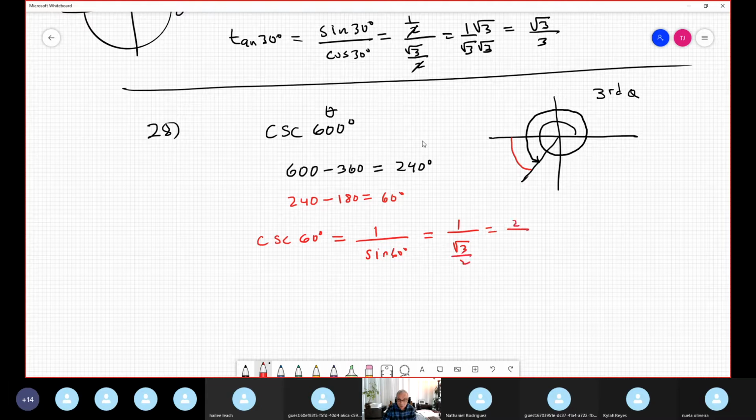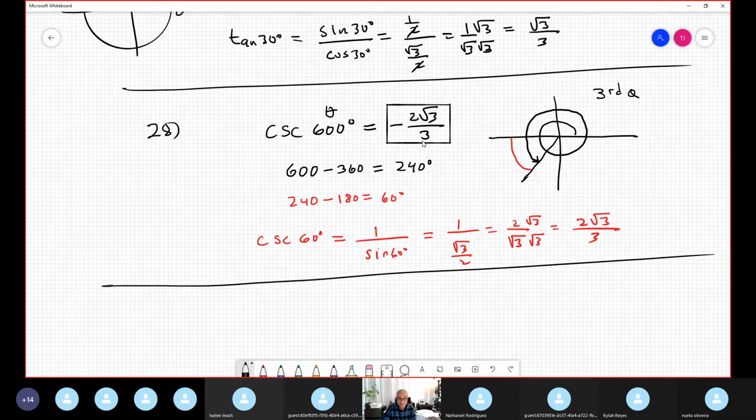Flip it to 2 over radical 3, rationalize, it is 2 radical 3 over 3. And this is a super important moment. The cosecant of 600 degrees lies in the third quadrant, so it is obvious that the sine and cosecant are negative. So the answer is negative 2 radical 3 over 3. It's the answer that I need.